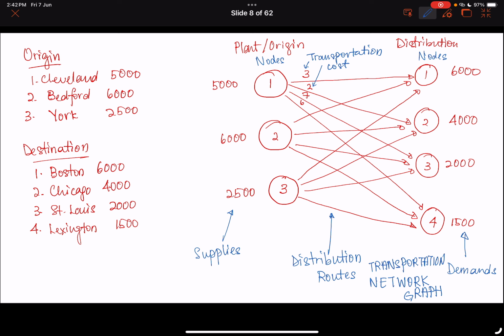If you are asked to draw a transportation network graph, this is what it looks like.